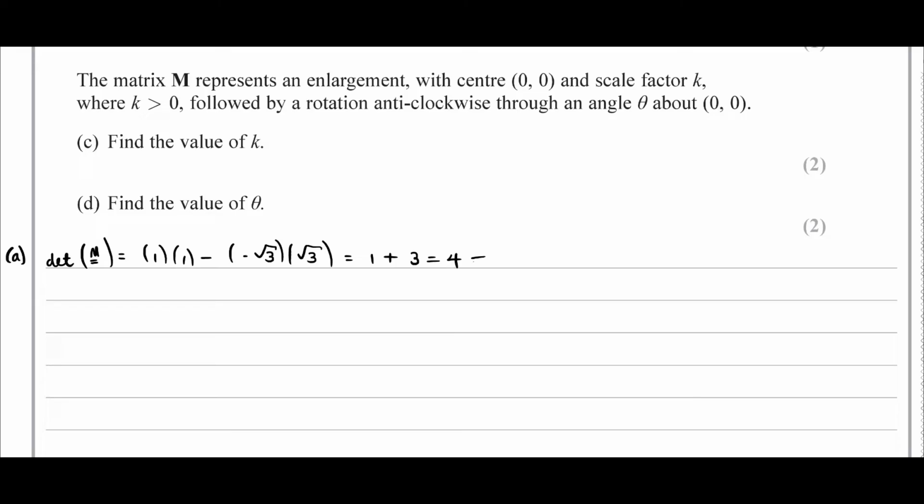And because this doesn't equal 0, we can therefore conclude that the matrix M is non-singular.